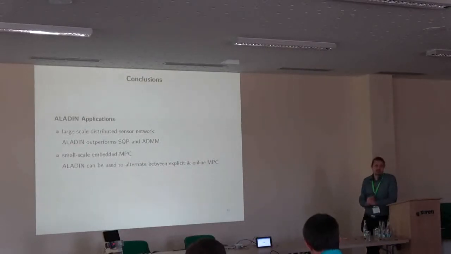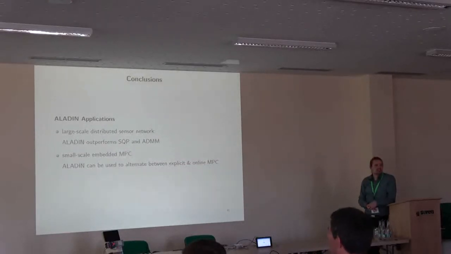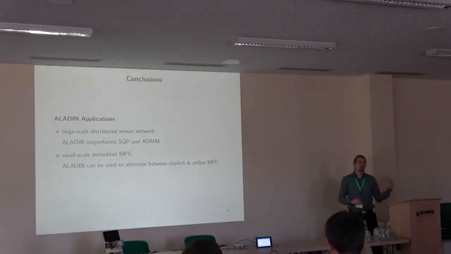Just recall that over the last 15-20 years there's been a big discussion about online versus explicit MPC. I'm not sure who's on which side and who wants to do what. But the key message here is there's no reason to stick to either explicit or online.